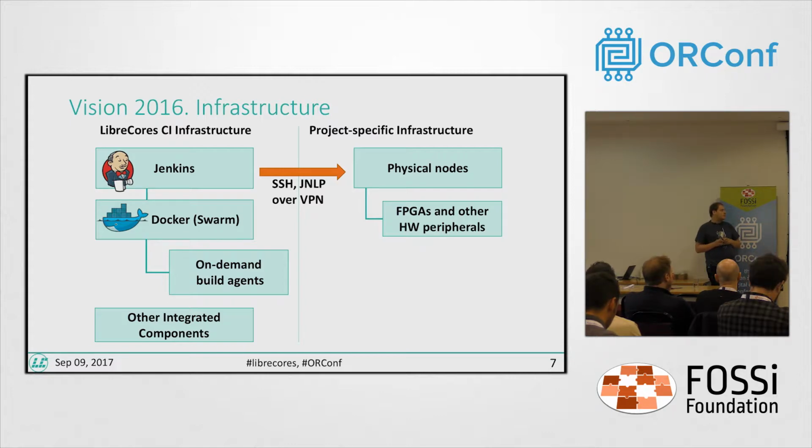So currently, we expect projects to provide their own hardware infrastructure because we still have no opportunity to host much. It's something we consider for the future, for example, if we get enough sponsorship. But now, if a project wants to deploy a hardware continuous integration flow, for example, to run tests on FPGAs, the project needs to provide its own peripherals and connect them to LibreCores CI. And Stefan will talk about how to do it.